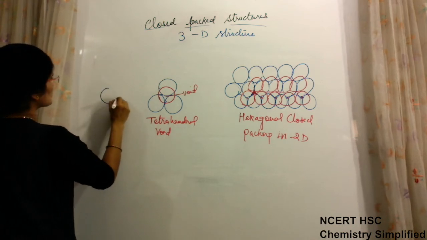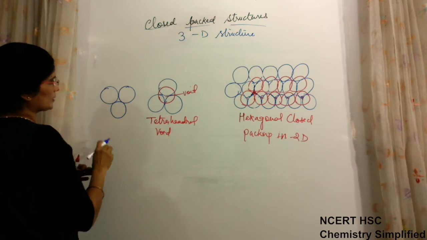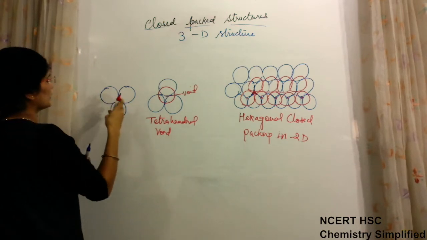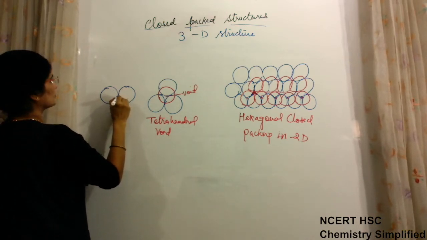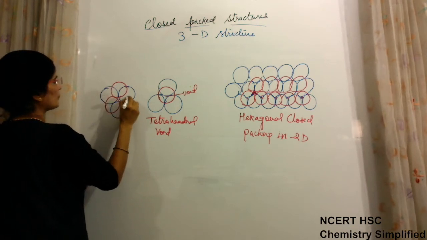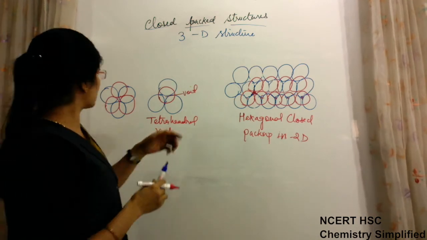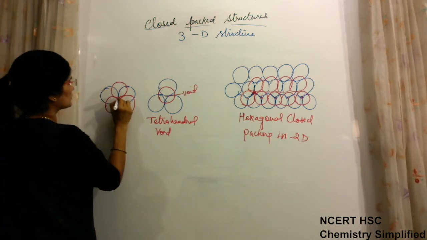So the structure is 1, 2 and 3 blue colored particles are covered by 1, 2 and 3 red color particles, and there is a gap in between.